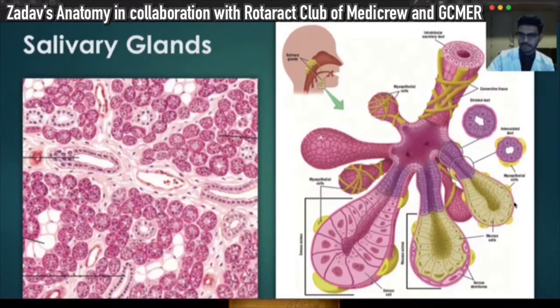Okay, so whenever you think of a salivary gland, or for any gland for that matter, I want you to think of a bunch of grapes. The grape is the secretory end piece.